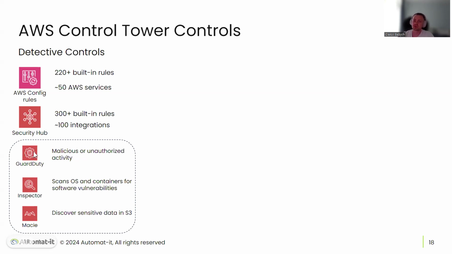Inspector is used to scan operating systems and containers for vulnerabilities, and later you can use Patch Manager to fix them. Macie checks files in S3 buckets and tries to find sensitive data, for example, credit card numbers. And all these findings are aggregated in one central place in Security Hub.